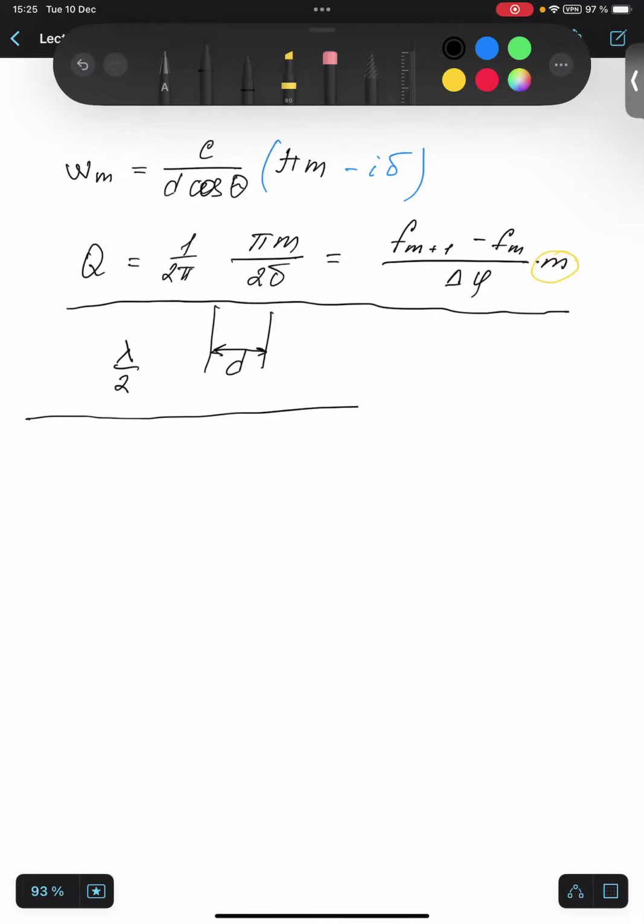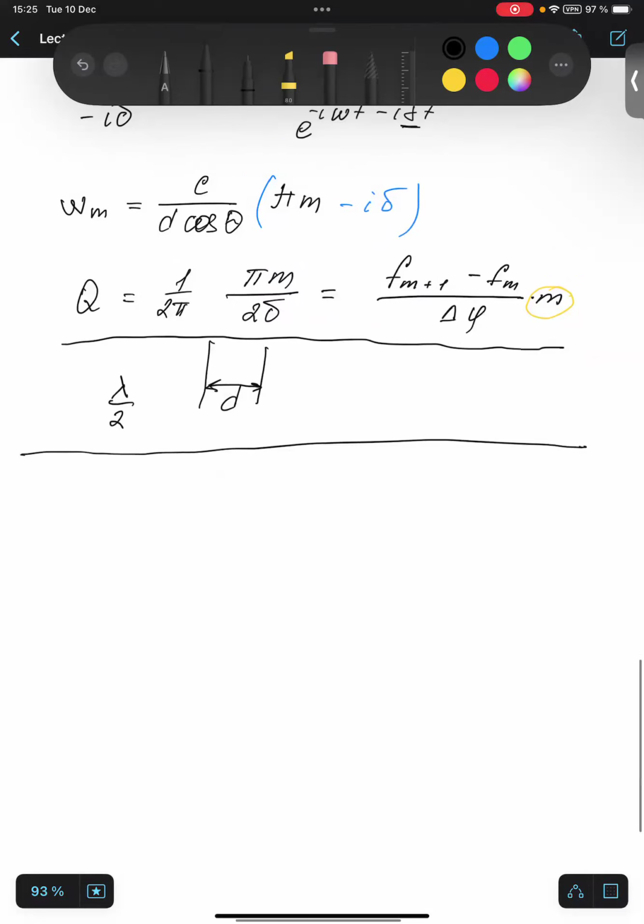Sorry, can you please repeat why, if we have more half wavelengths in the resonator, we have a higher quality factor? So basically, maybe you remember from other courses the resonance condition of Fabry-Perot resonators.